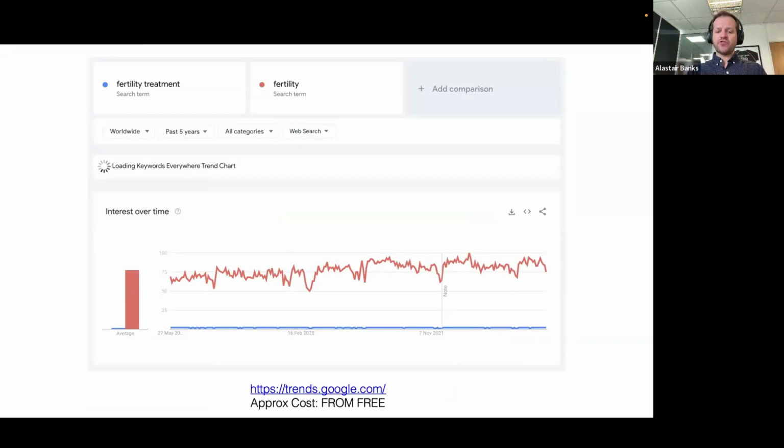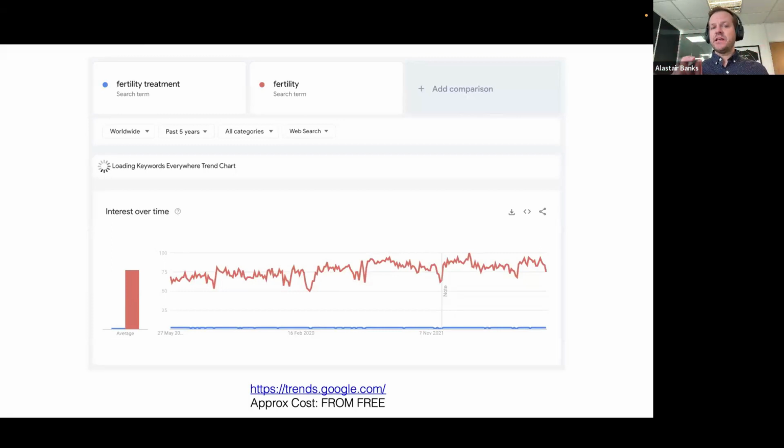You go to trends.google.com or even google.com/trends and it'll get you there. Trends, out of the box, the simple version of it, will allow you to search on one particular term and do it over a period of time and even within certain countries or worldwide.